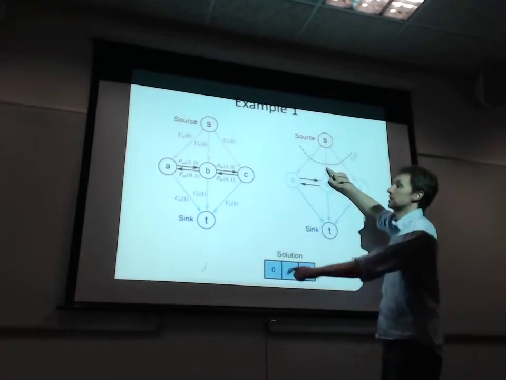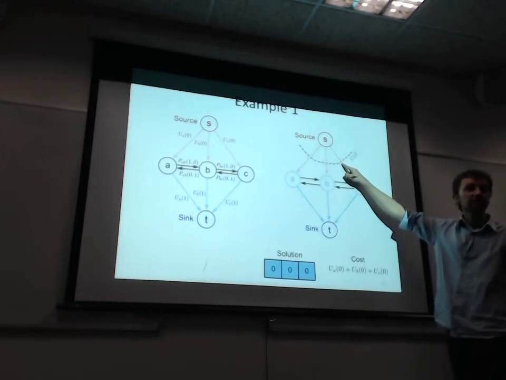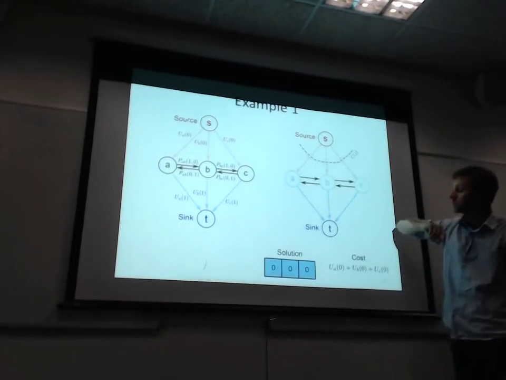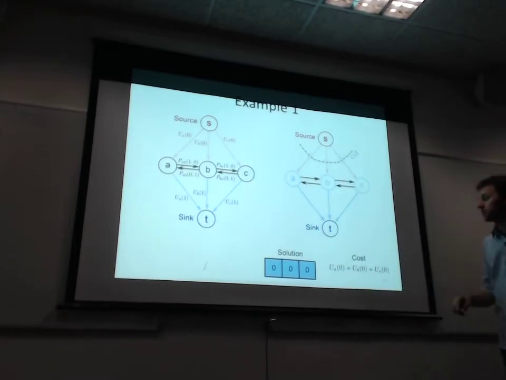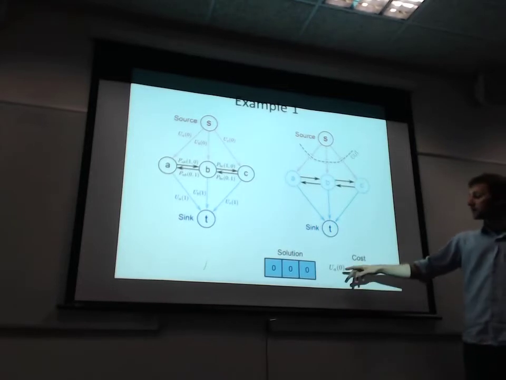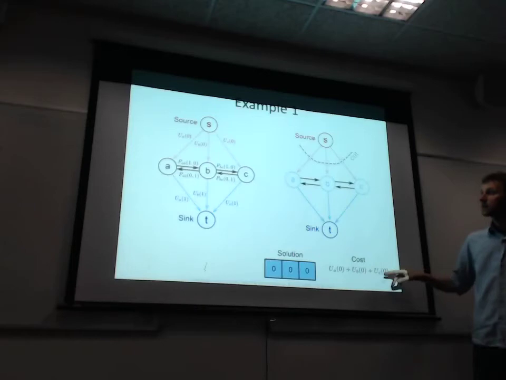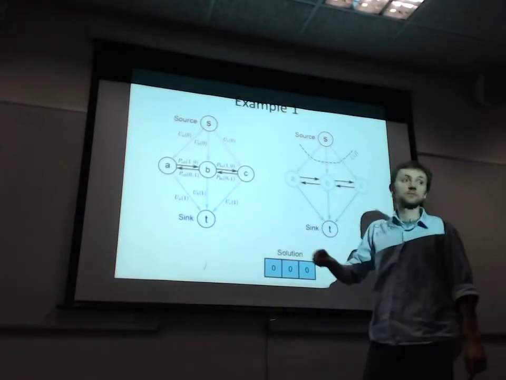Similarly for B, and similarly for C. So the solution is 0, 0, 0 for the 3 pixels, and the total cost we have paid so far is unary A of 0, unary B of 0, and unary C of 0. The ones corresponding to those 3, i.e. these 3 right here. Yes?